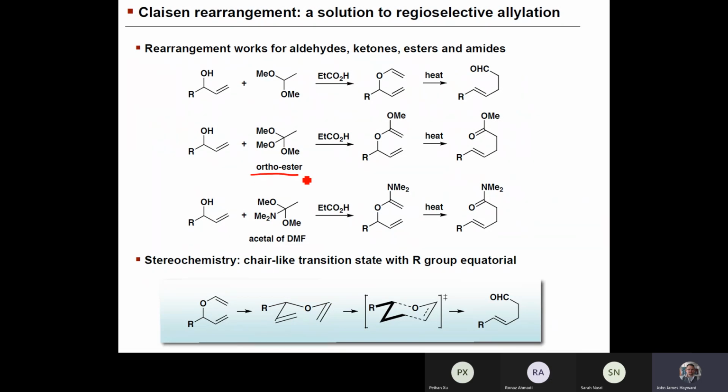However, if you start with an orthoester, so it's got the 3 methoxy groups on there, then you get through to this compound. Again, this is in the presence of propionic acid. You get out an alkene and an ester now, and this is sometimes called the Johnson Claisen.